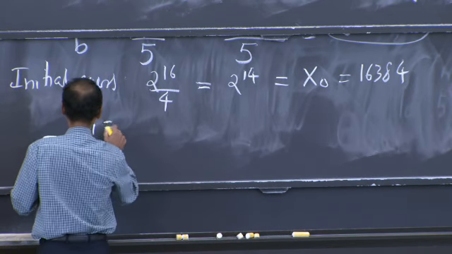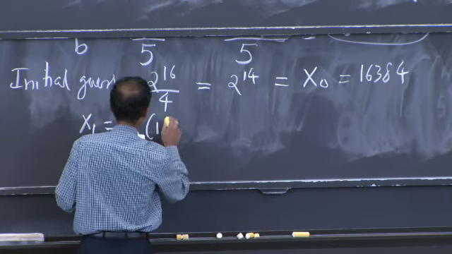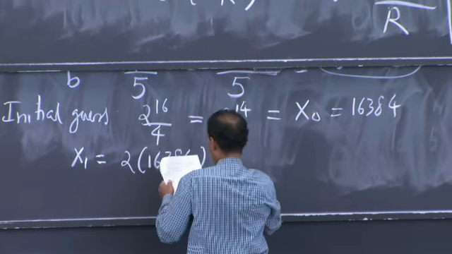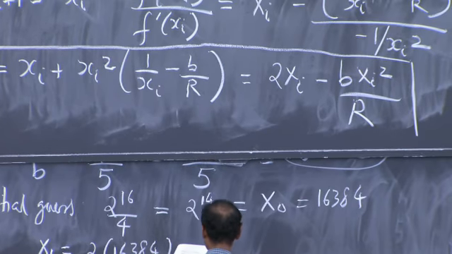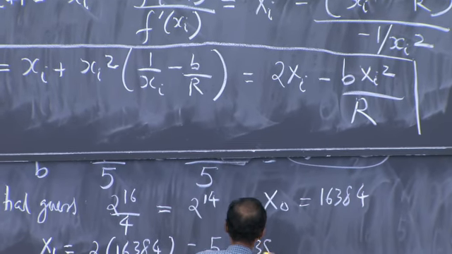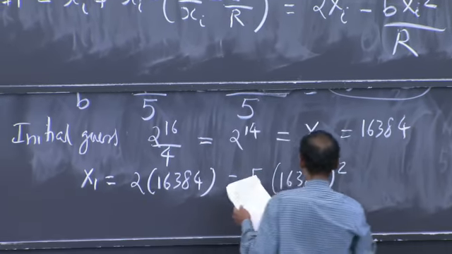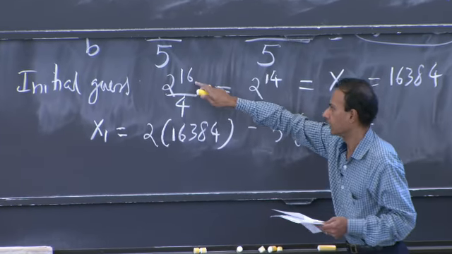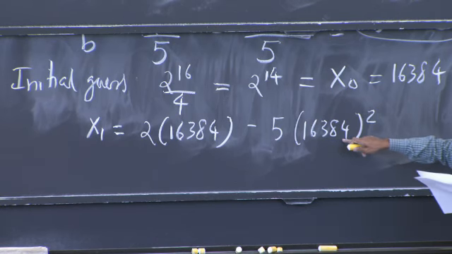X1 is going to be 2 times 16384, minus 5 times 16384 squared. So now you're starting to square a fairly big number, and obviously if you started with an even bigger r, this would be a large number.